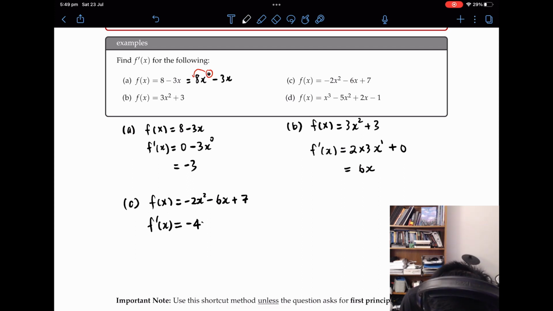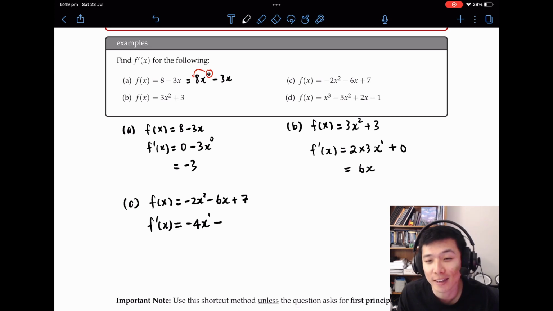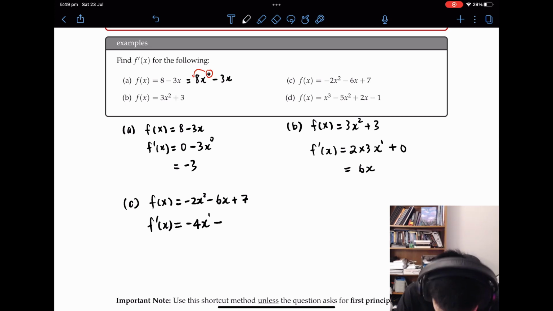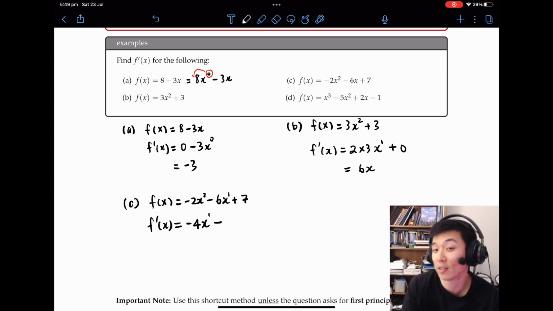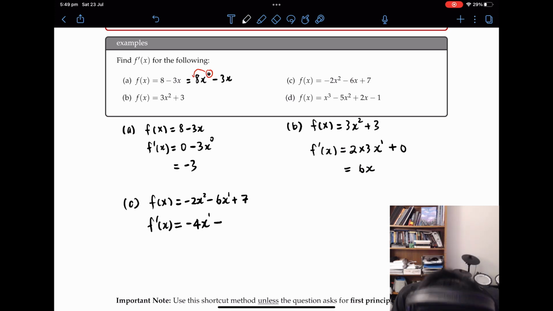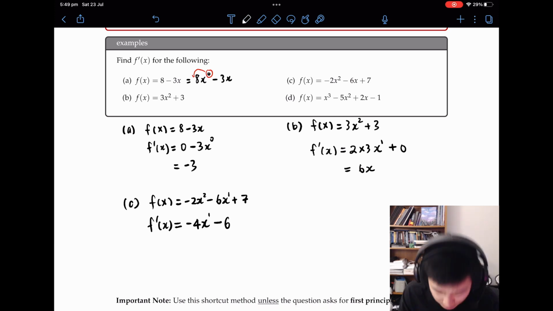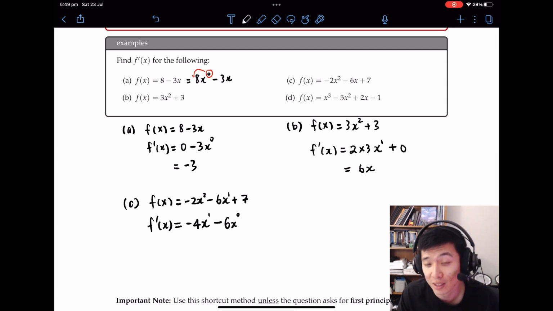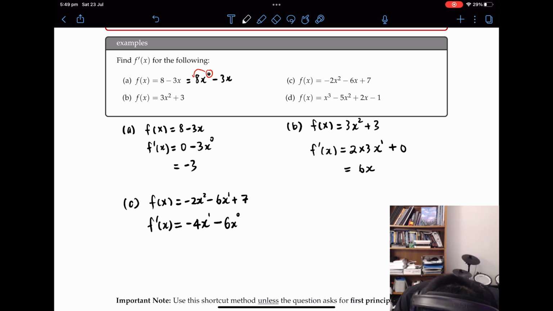And we minus 1 off the power, so it's x to the power of 1. Minus, now that's x to the power of 1. So 1 jumps down to the front, so the constant doesn't change. And then x to the power of 1 minus 1 gives us 0. So we get minus 6 times x to the power of 0. And we already know that when we differentiate a constant, we get 0, so plus 0. So what we're left with is minus 4x minus 6.